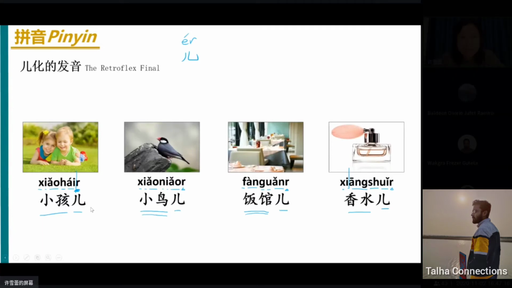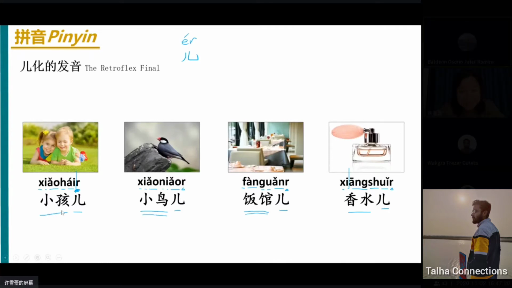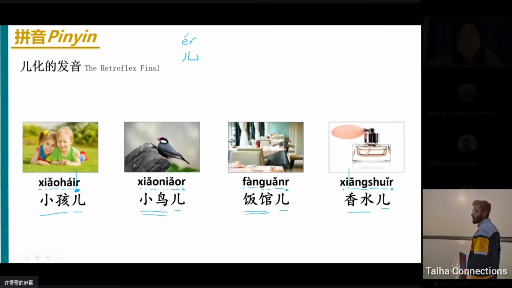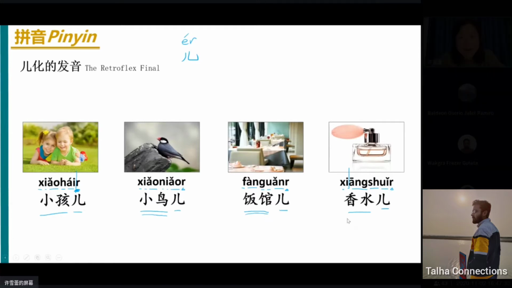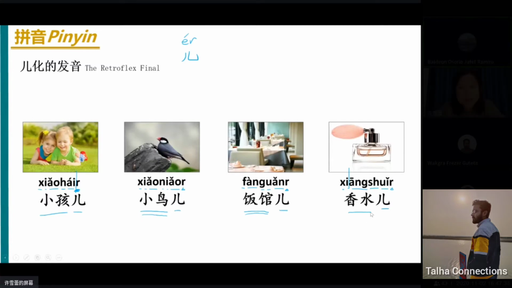It doesn't change the meaning of the word.